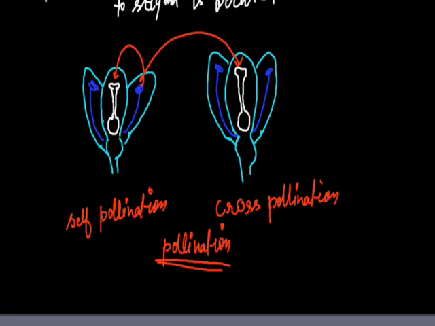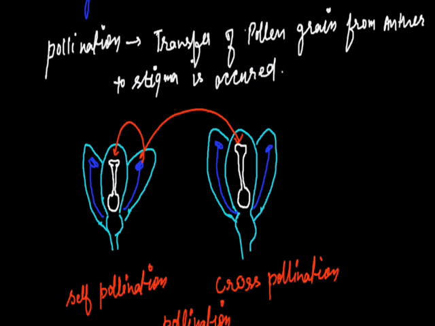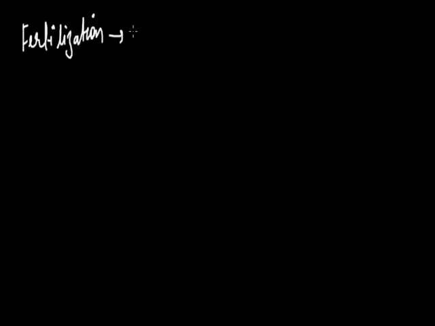Now after pollination, the next topic is fertilization. This is the process of fusion of male and female gametes. It is called fertilization.